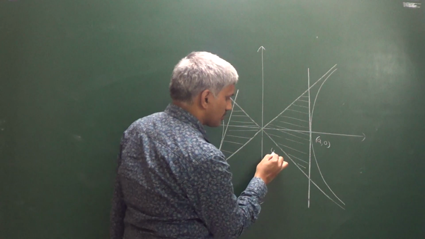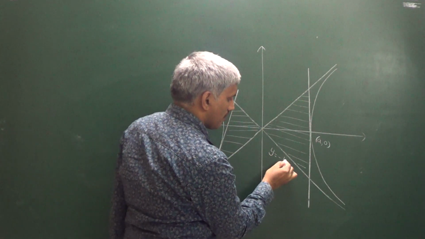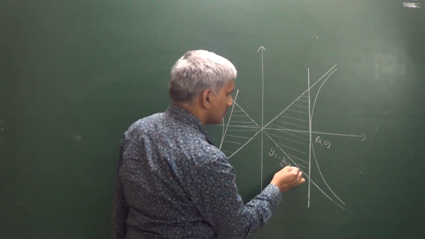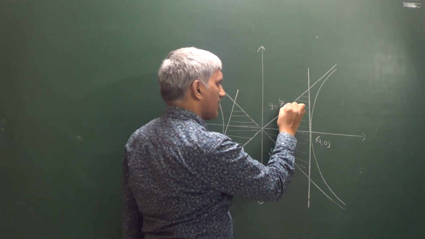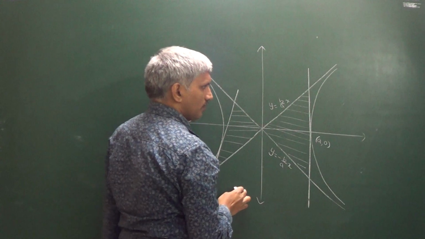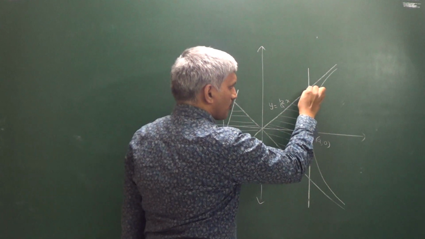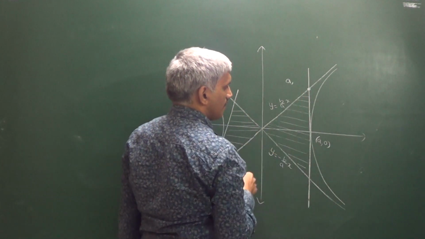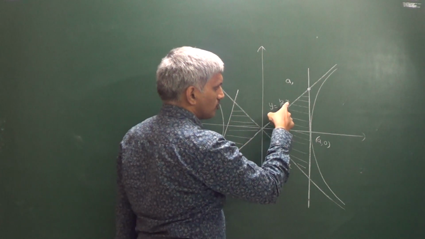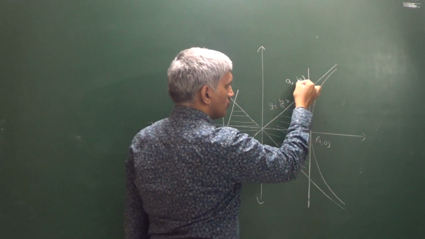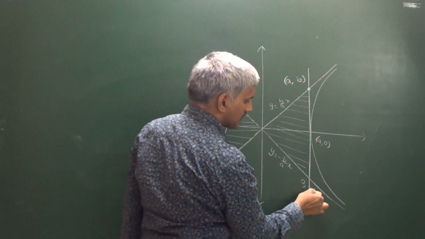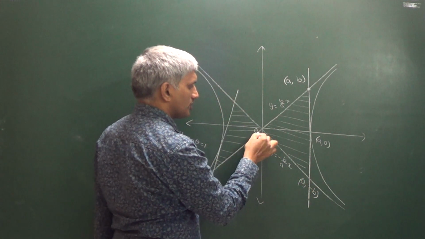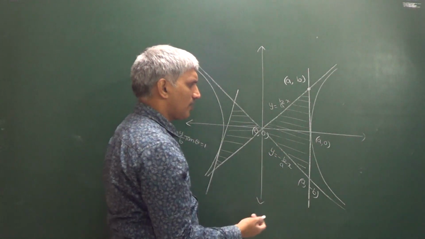And this line equation is y = -(b/a)x, and this line equation is y = (b/a)x. Now at x = a, you will get y = b, whereas this point is (a, -b), and this is the origin.